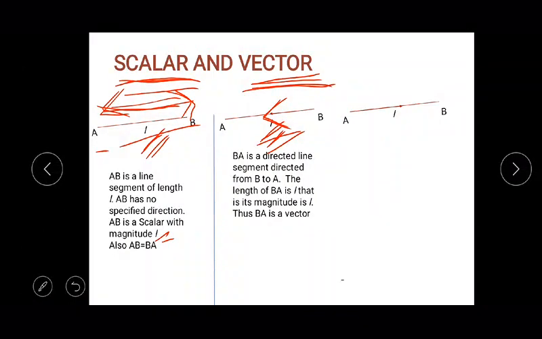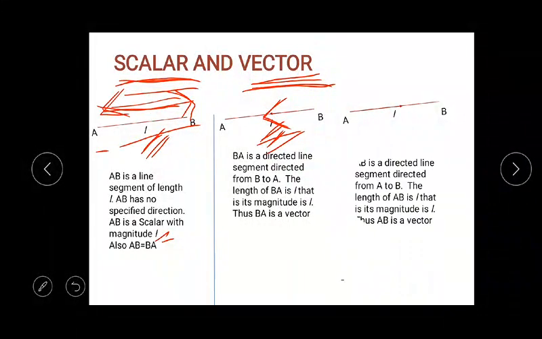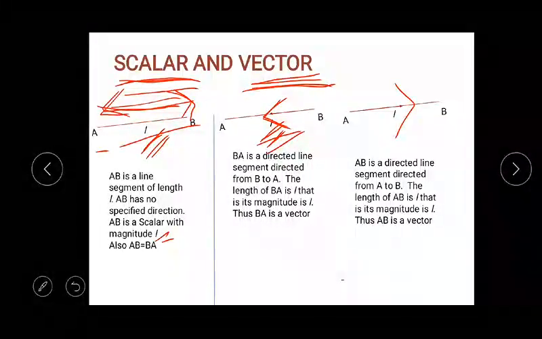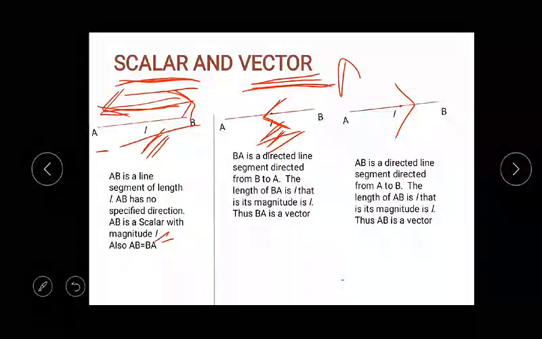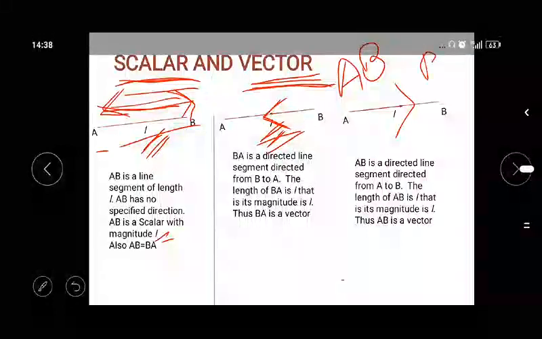BA is a vector line segment, we can say. Similar is the case of the next one, where the line segment is directed from A to B and the length is L. As it is directed, it is a vector quantity. So we have two vector quantities here, one is AB and the other is BA.